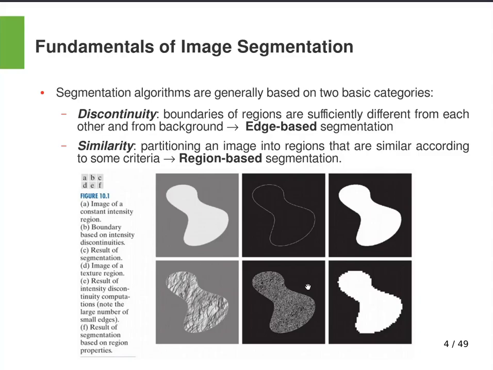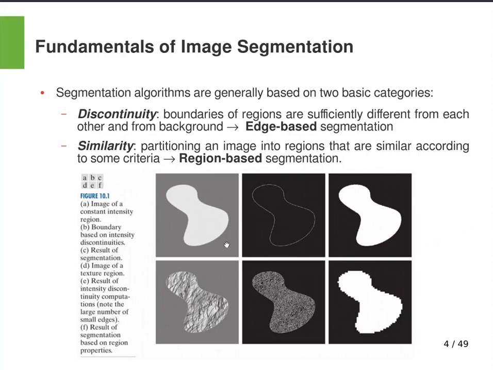And then we have similarity-based segmentation, in which you partition an image into regions that are similar according to some criteria. For example, region-based segmentation is an example of similarity-based segmentation.